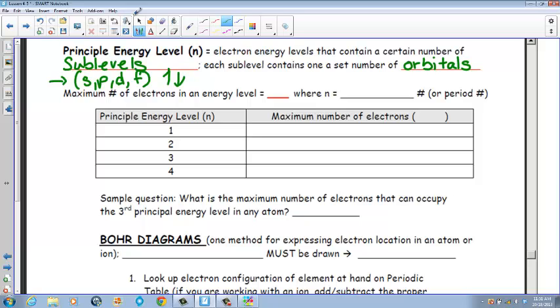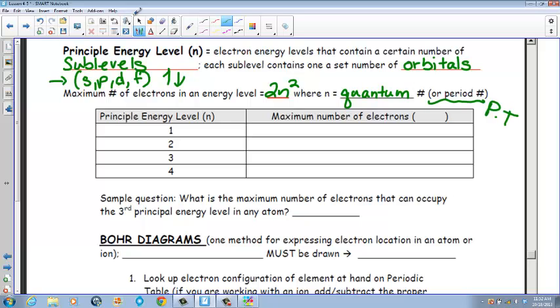Maximum number of electrons in an energy level, we use this 2n to the second. Okay, we use this general equation where n is going to equal the quantum number or the period number. So the period number is found on the periodic table.